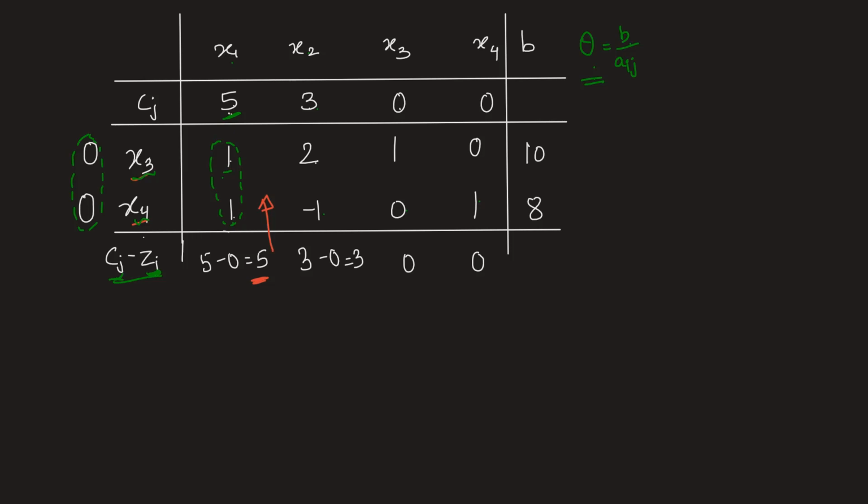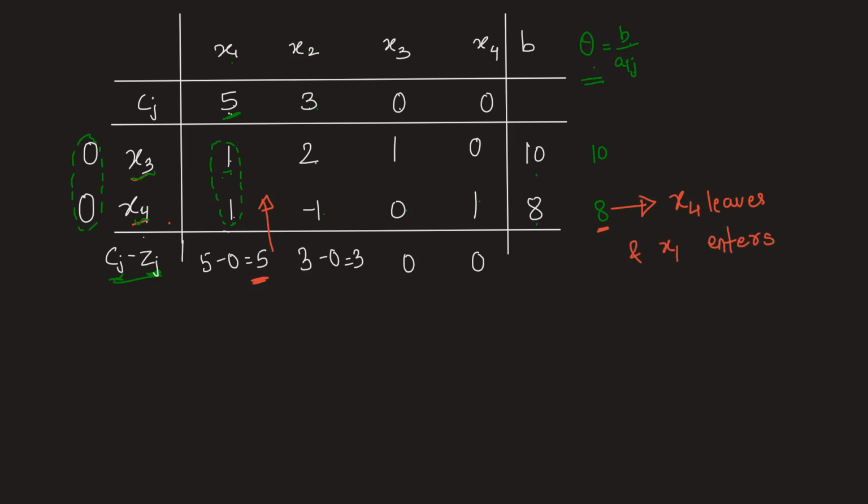Theta is calculated as b upon aij. So we get 10 upon 1, which is 10, while here we have 8 upon 1, which is 8. The variable that it will replace is x4, because x4 has the minimum value 8 here. So we can write x4 leaves and x1 enters.